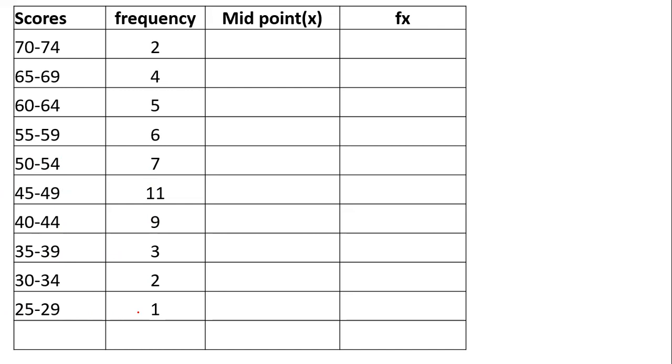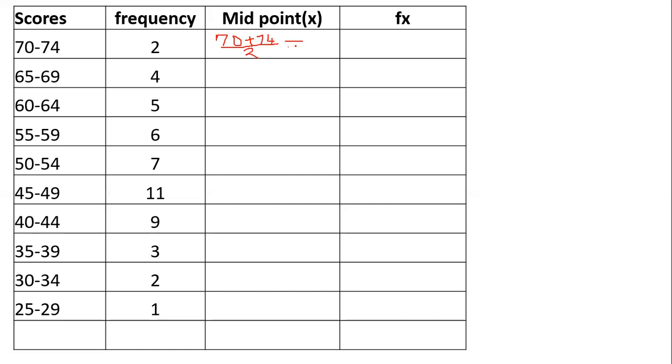So the first thing we have to do here is to get this point X, which I call the midpoint. How do you get the midpoint? Take 70 plus 74 and divide it by 2.